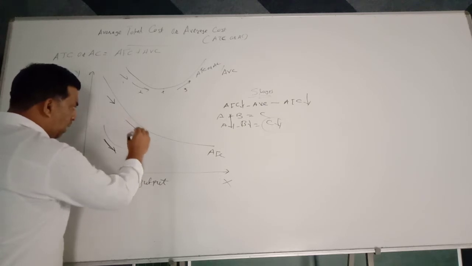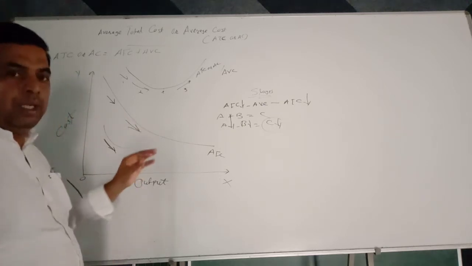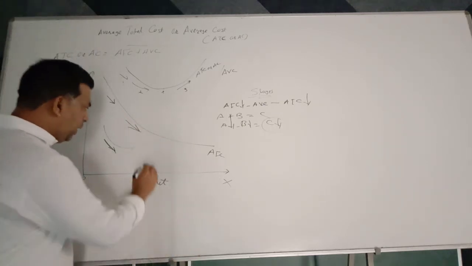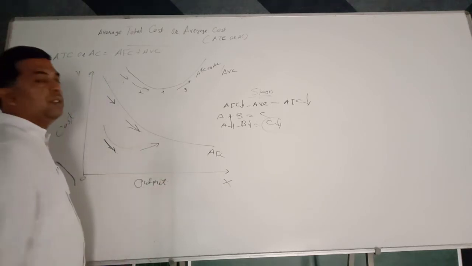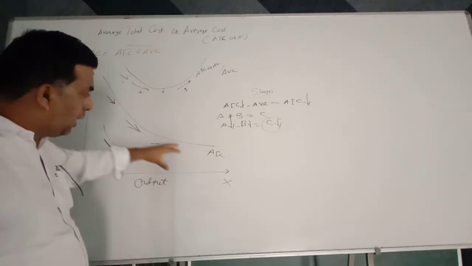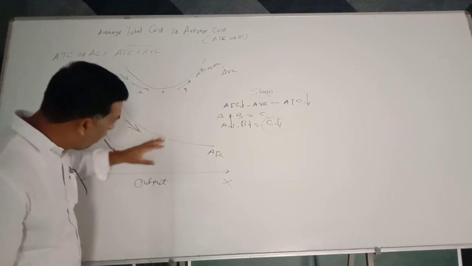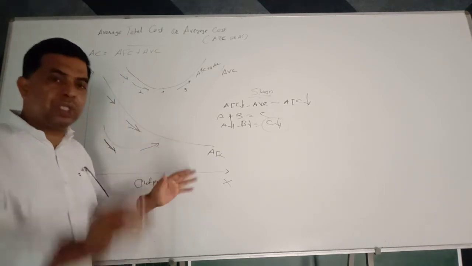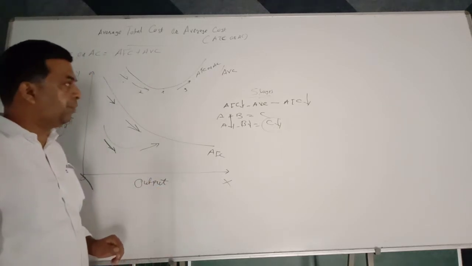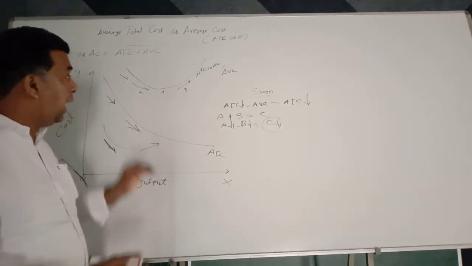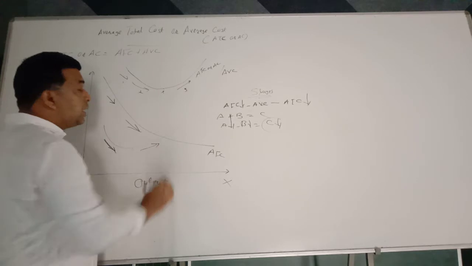Average fixed cost is still falling, average variable cost is rising. Okay, AFC falls, AVC starts rising, just start rising, but average total cost is still falling.